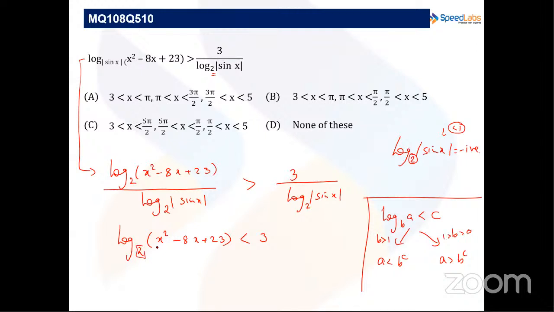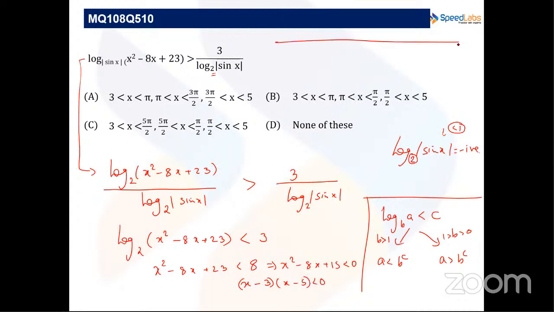Here the base is 2, so the sign of inequality will remain the same, and we would get x square minus 8x plus 23 less than 2 to the power 3, that is 8. So we would have x square minus 8x plus 15 less than 0, that is x minus 3 and x minus 5 less than 0. If we plot it on the number line, then we have 3 and 5 in here, and the region which is satisfied is less than 0, that is, this is our region.